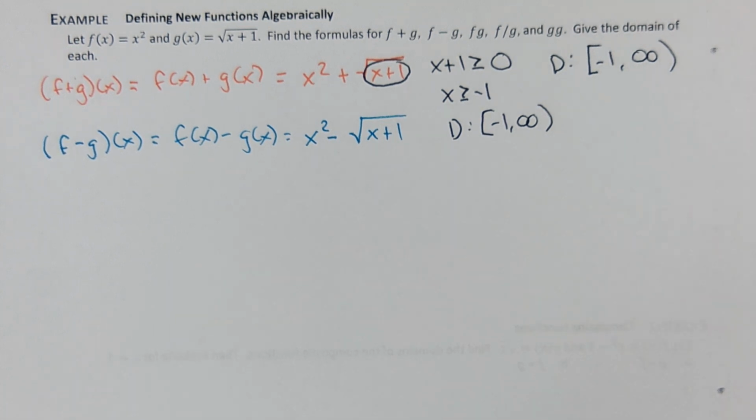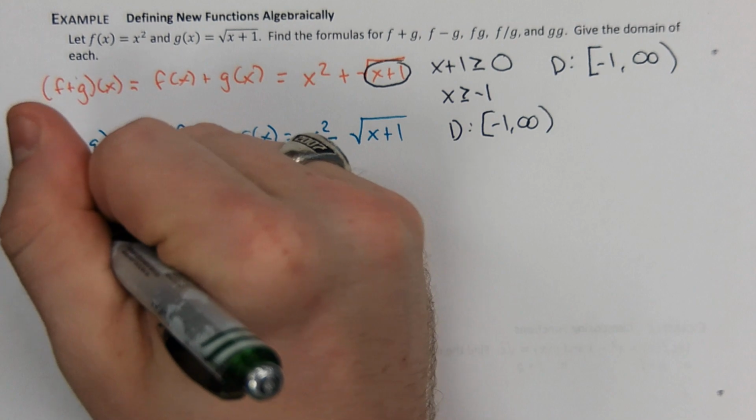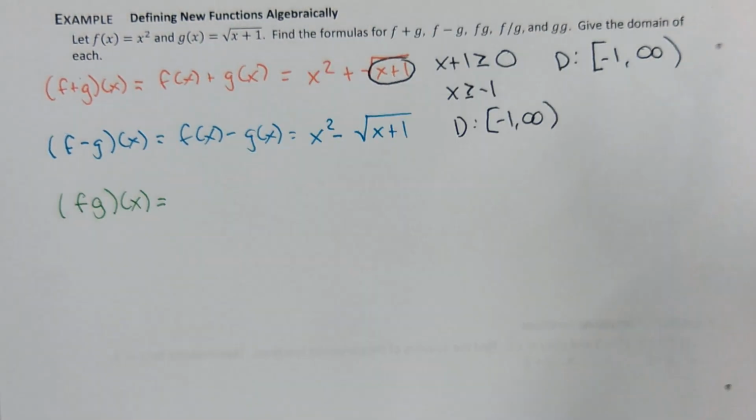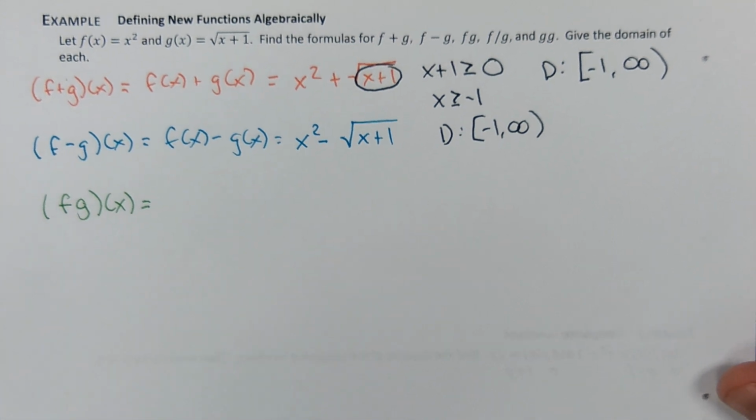Yes, sir. Will it always happen is a great question, and we will answer that question in a moment. But really good question. Let's find out what happens. Maybe multiplying changes something. Let's see. fg of x.